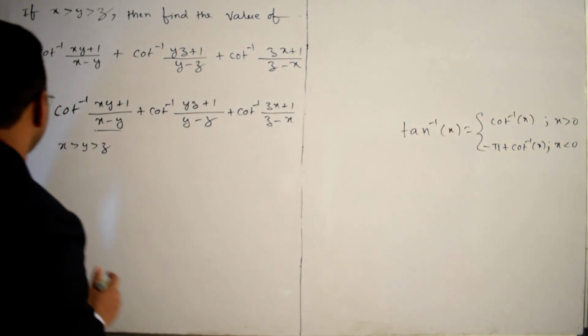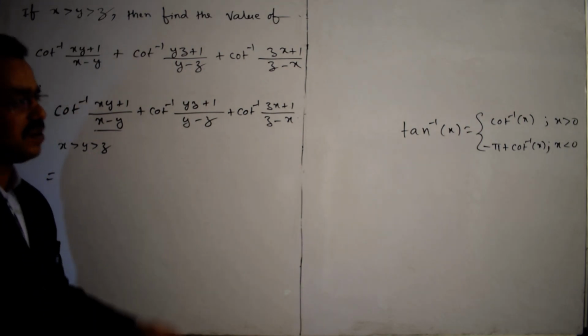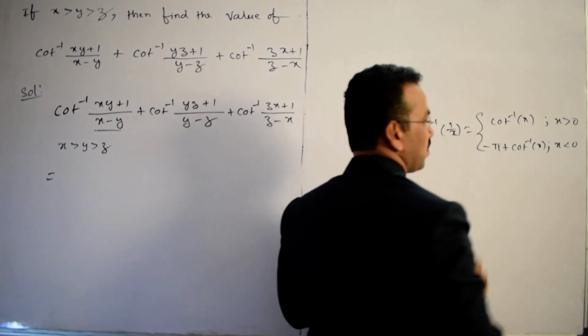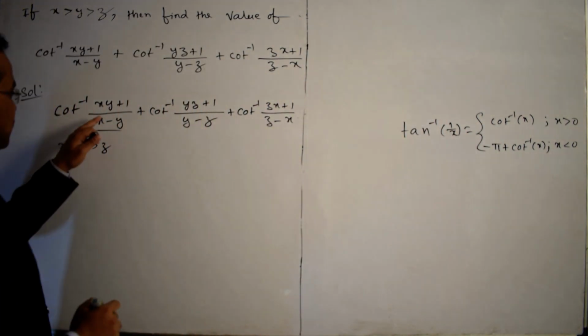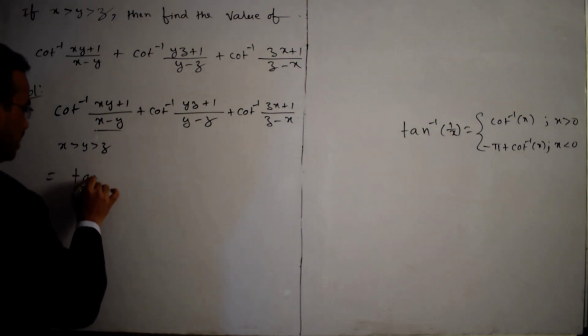Now in the next step, which equals: here cot inverse of x means tan inverse of 1/x.